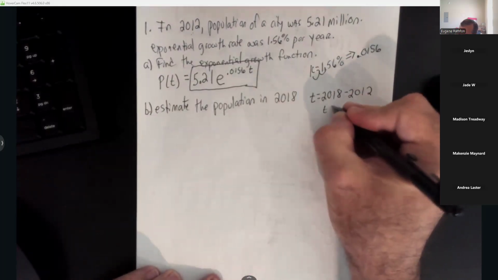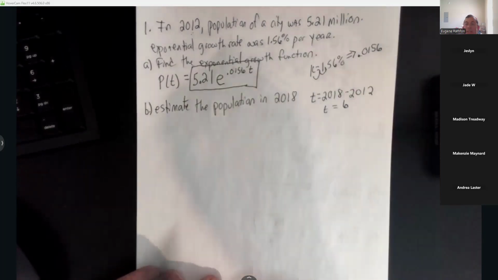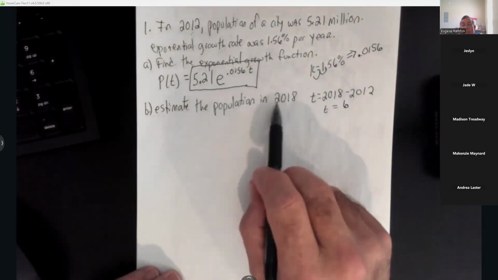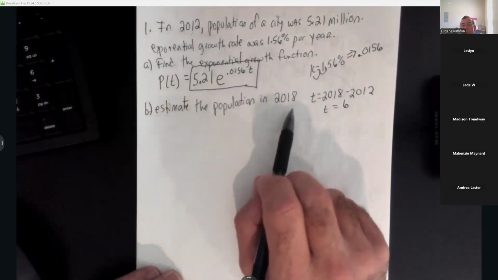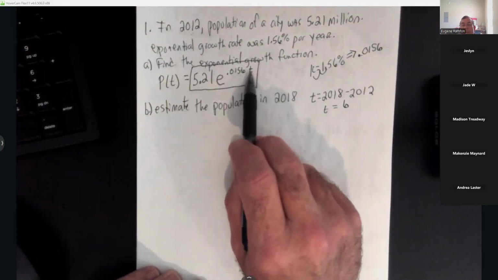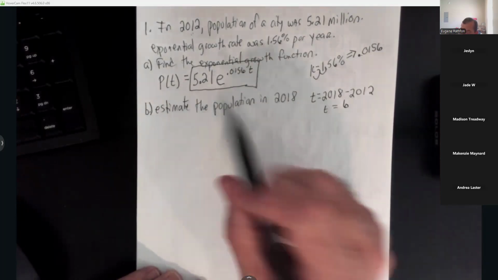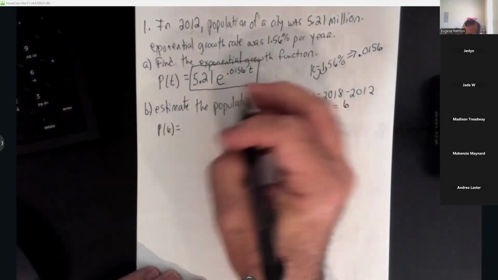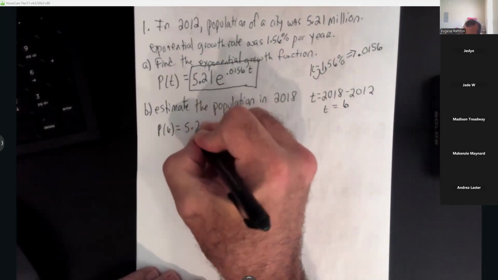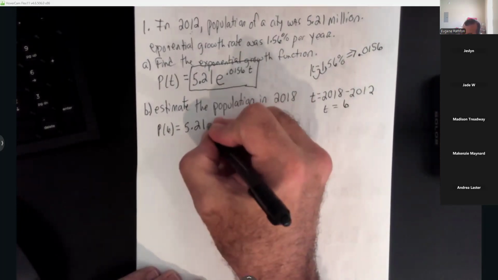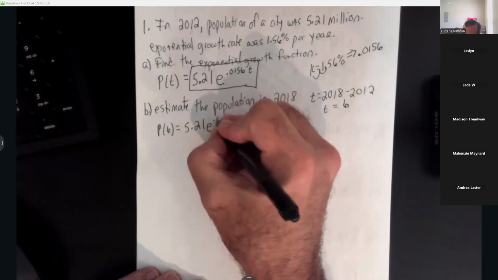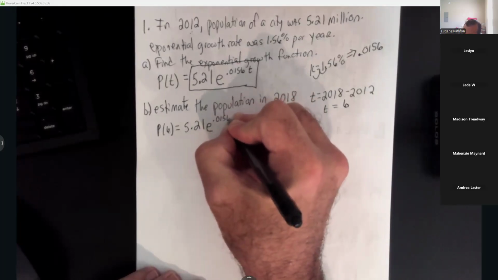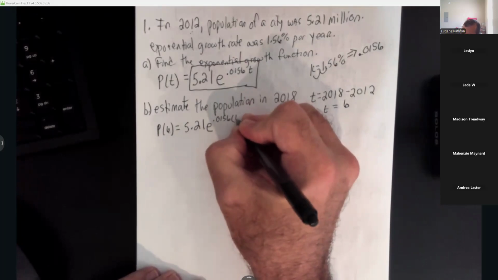So that means t is going to be 6 years for us. You've got to figure out how many years from 2012 you're looking at. So t is 6, and we're finding P of 6. So P of 6 is going to equal 5.21 times e to the 0.0156 times 6 years.